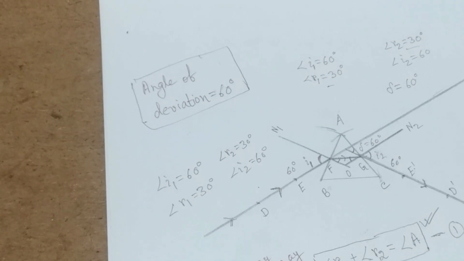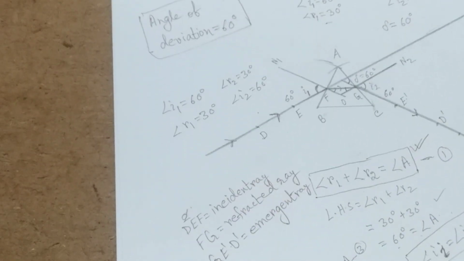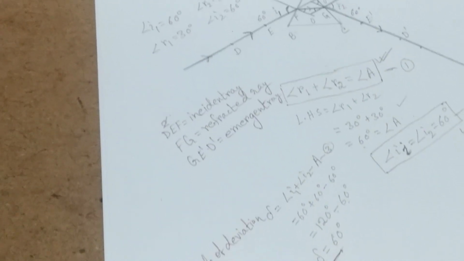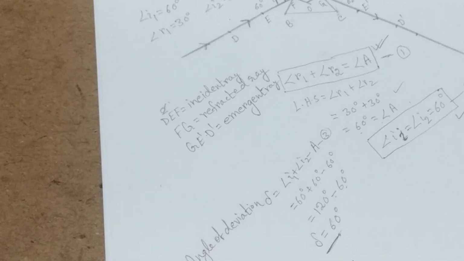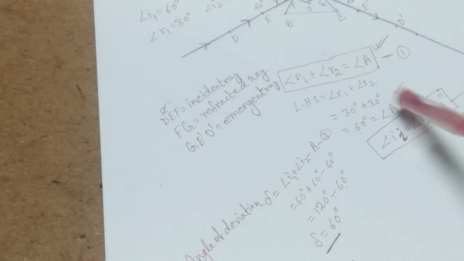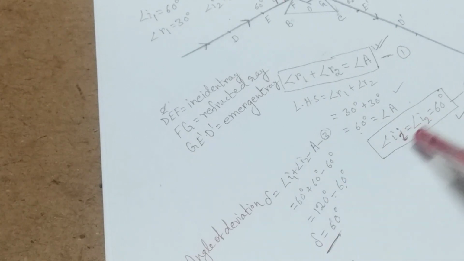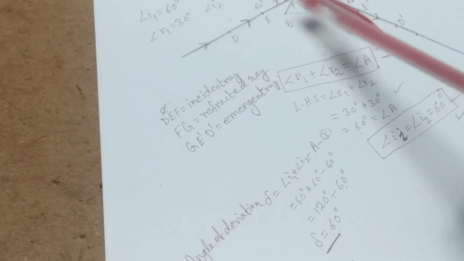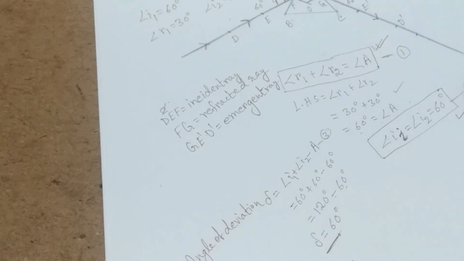We also proved that the theories of the angle of deviation matched with our experiment. That is angle R1 plus angle R2 equal to angle A, that is 30 plus 30, 60, the angle of prism. And this one also, I1 equal to I2, angle of incidence equal to angle of emergence, that is also 60 degree.